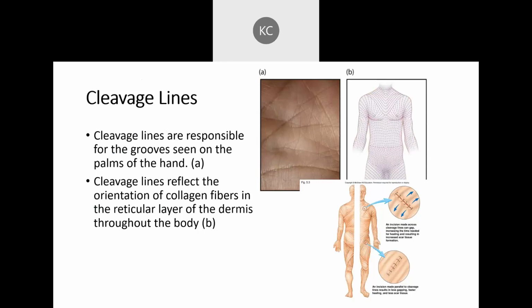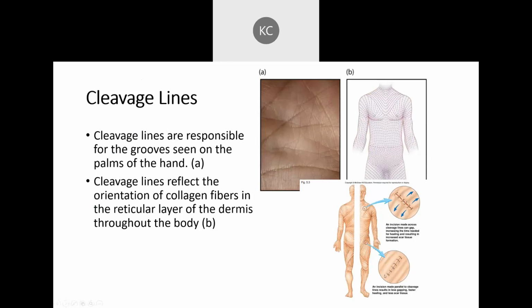If you make it perpendicular to it, like this image up here, this top one, as those collagen fibers contract and pull and produce tension, they can cause that incision to gape. In other words, they can cause it to open up. You can see here, collagen fibers are producing tension in either direction that can cause this to open.